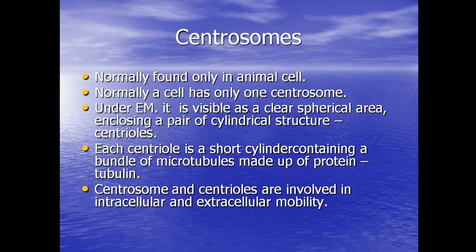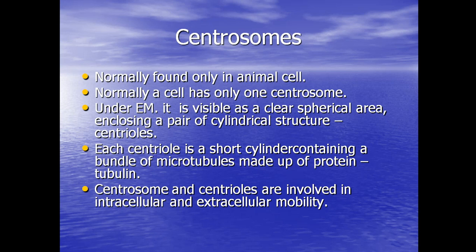When the cell is in a non-dividing state, not undergoing either mitosis or meiosis, they are not visible with the light microscope, but under the electron microscope you may observe them.